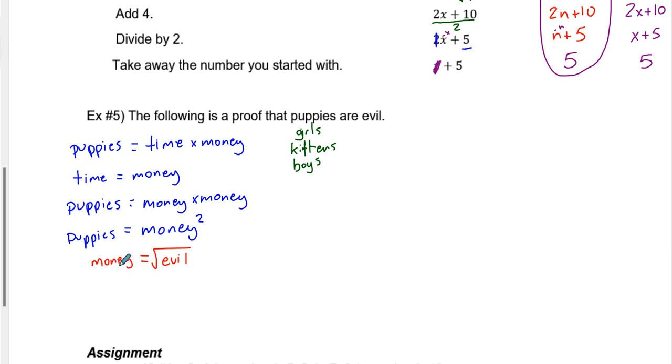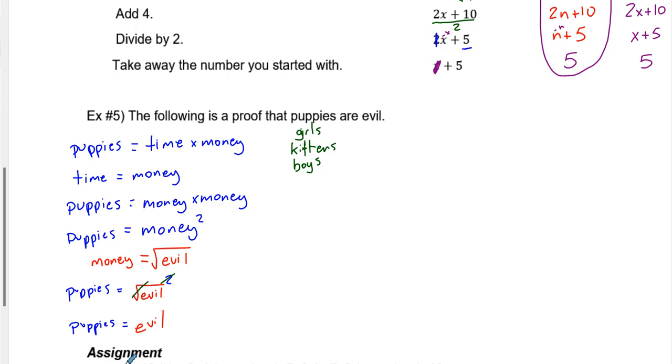So instead of writing money in this step here, we could write, since money is the root of all evil, root of evil and squared. Well, what happens when you have a square root and a square? They cancel off. So therefore, puppies are evil. Girls are evil, kids are evil, boys are evil, whatever you want.